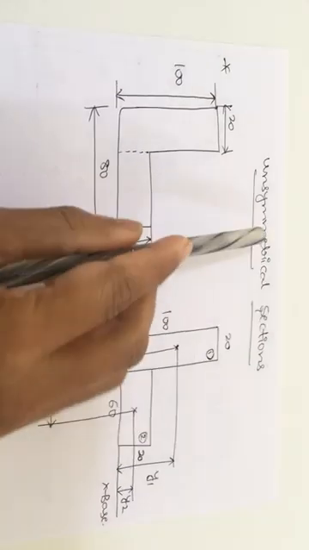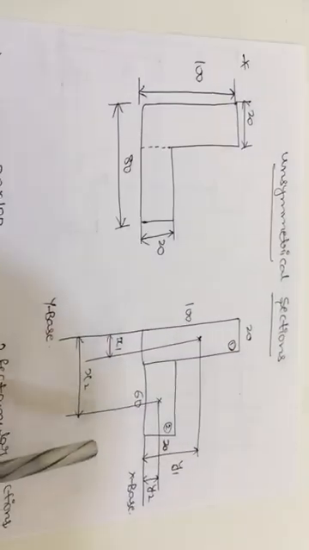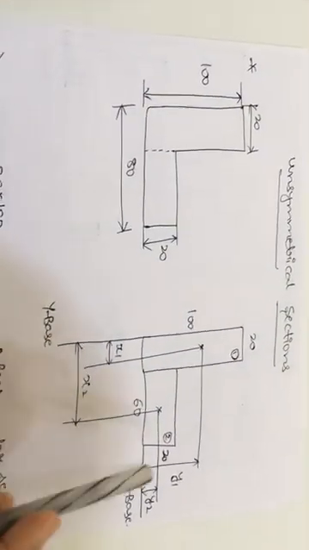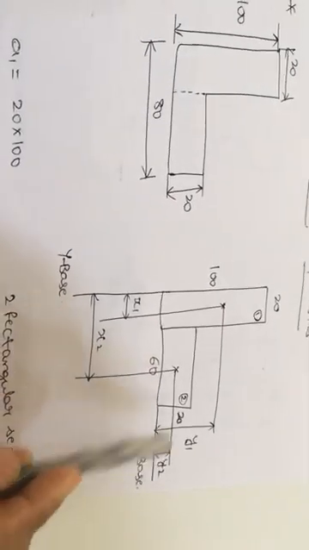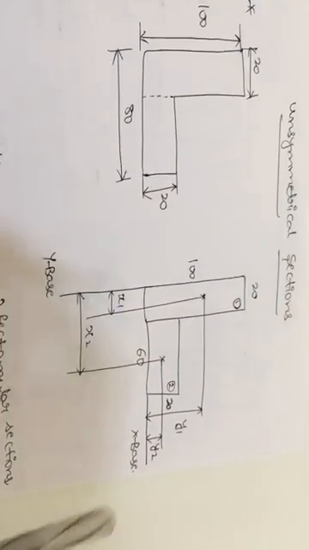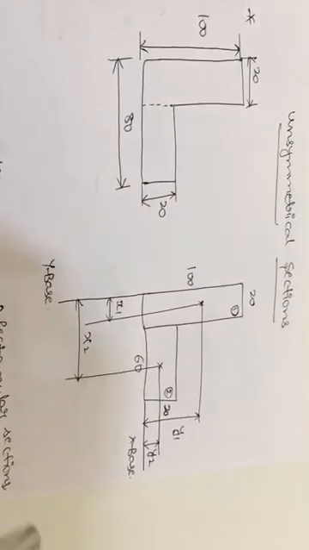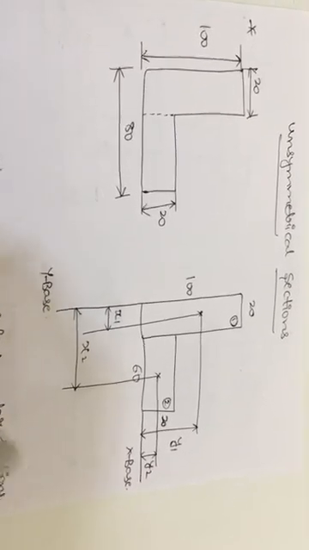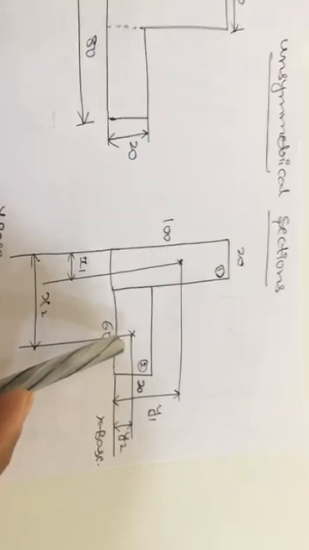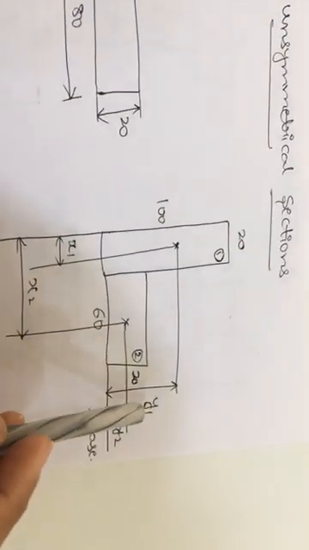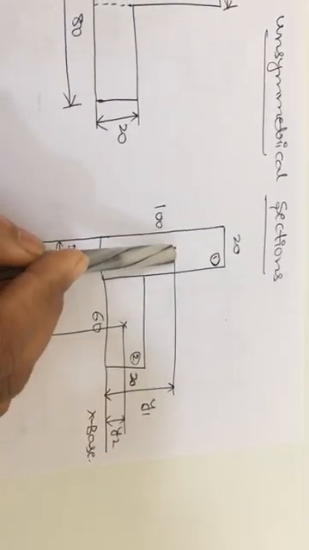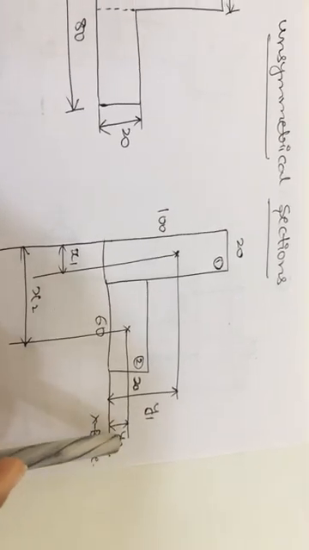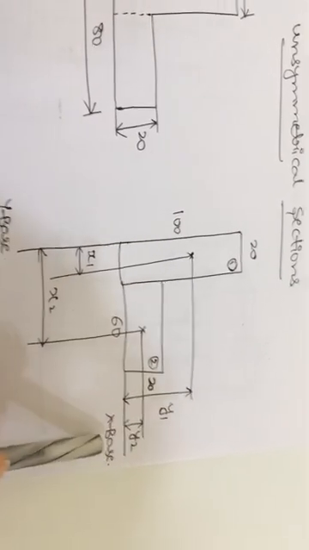Next, as it is an unsymmetrical section, you will have an x bar value and a y bar value. So locate the x base and y base. Now locate x1, y1, x2, y2 with respect to their x base and y base from the centroid points. Here y1 is the distance from the centroid to the x base, and y2 is the distance from the centroid to the x base.